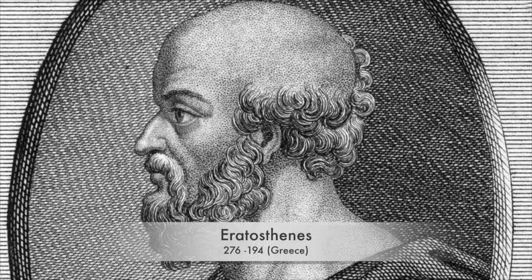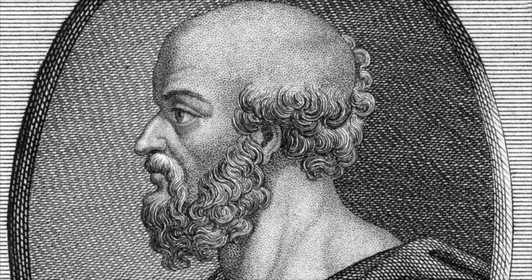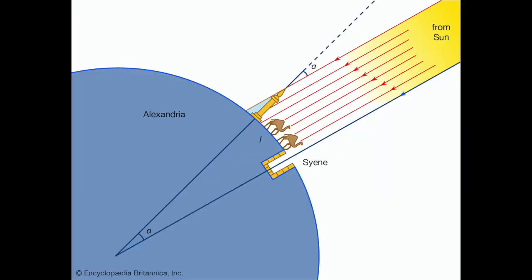In fact, the Greeks knew that the Earth was a sphere. In fact, Eratosthenes, this fellow here, was the first guy to do an experiment that not only proved it was a sphere, but they worked out the radius of the Earth. What he did was he let some sunlight shine directly down at a well, and at the same time measured the shadow that was cast from a tower that was about 800 miles away.